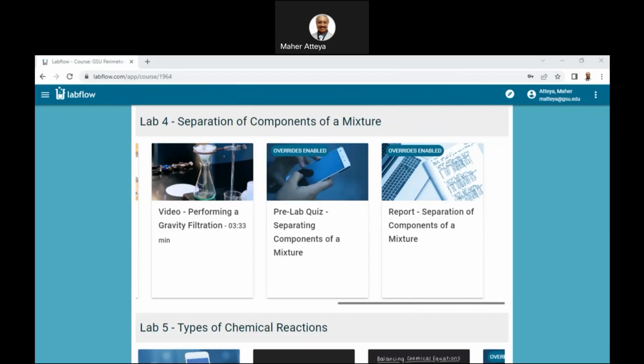The experiment is carried out virtually. Okay, so as you can see, and here is the theoretical background.